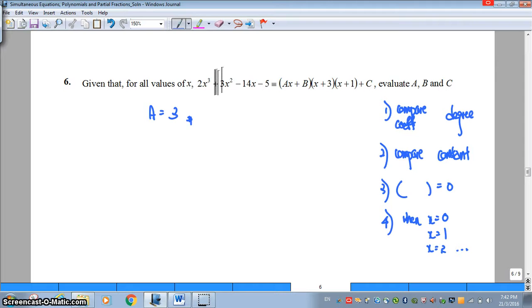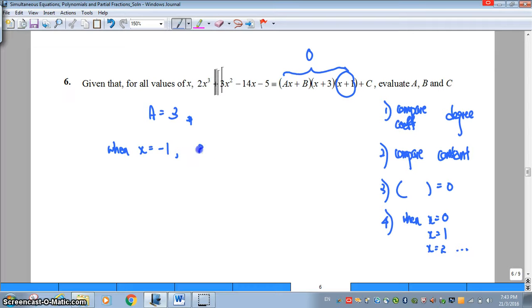What are some of the values that will allow our bracket terms to be equal to 0? If you can see, very clear cut, when x is equal to -1, the term over here would be equal to 0, meaning this whole term would be equal to 0. Let us substitute that value inside.